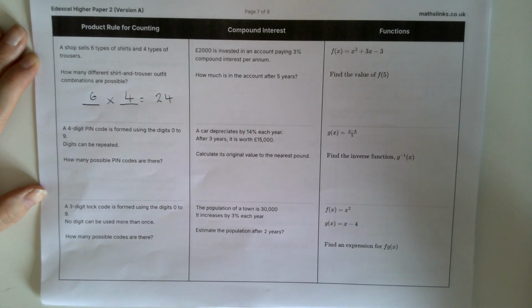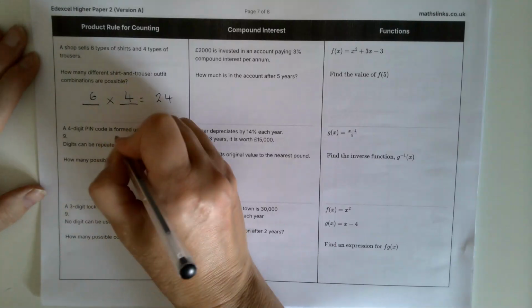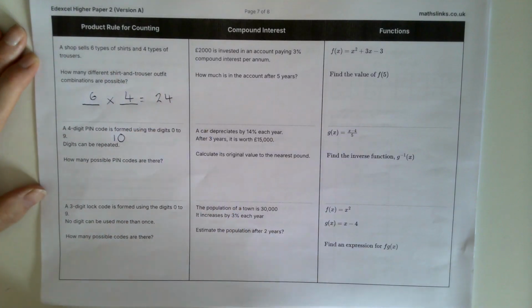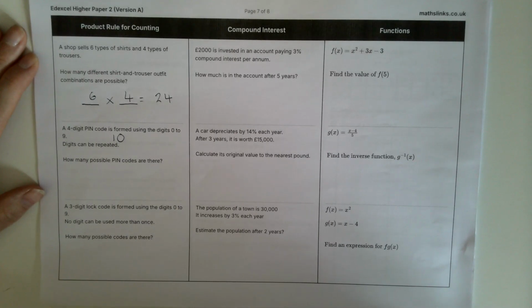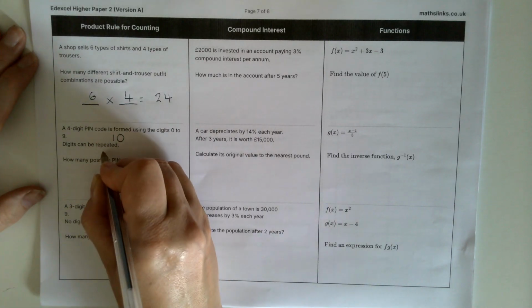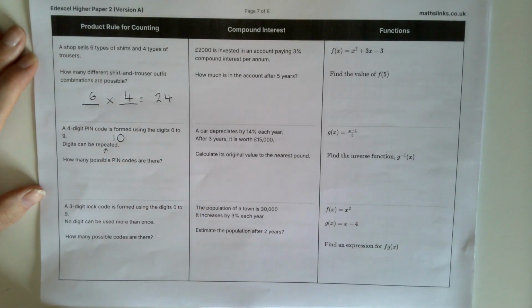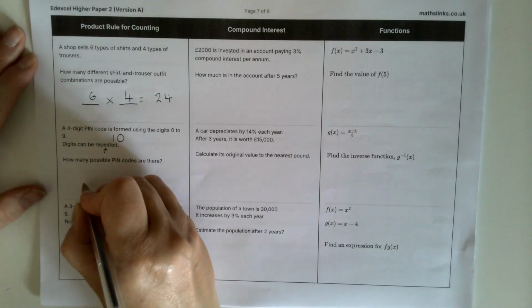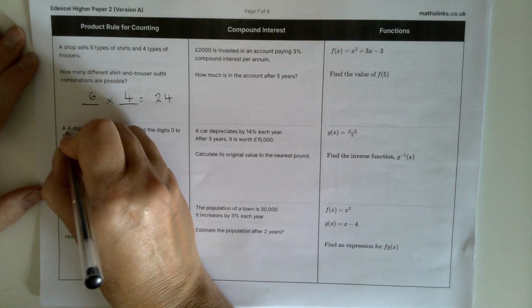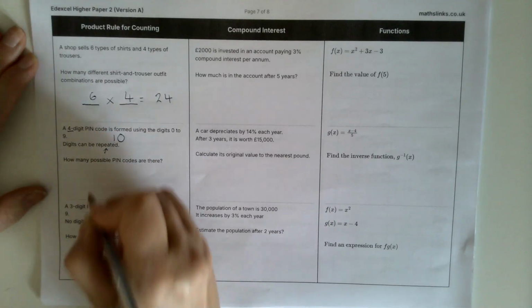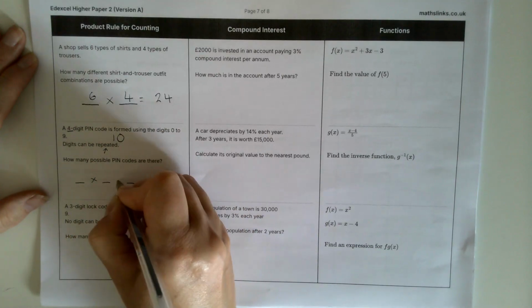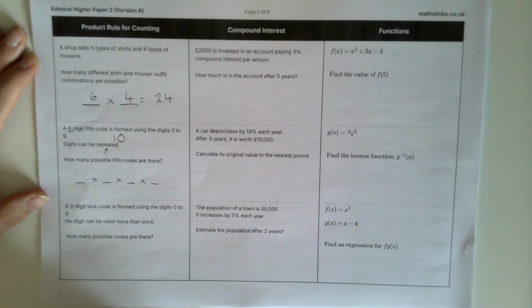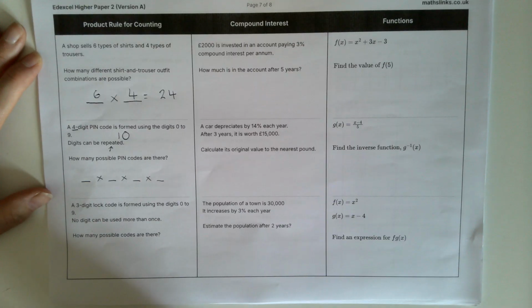A pin code uses the numbers 0 to 9. That means there are 10 numbers. If you count 0 up to 9, you've got 10 numbers. Digits can be repeated, so you could have 9999, which is a 4-digit pin code. So you're going to have 1, 2, 3, 4, and you multiply how many options you have at each stage.